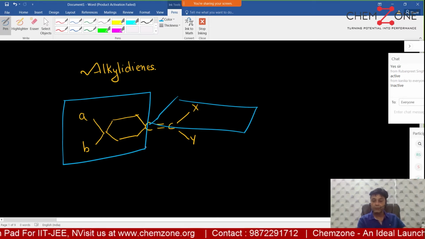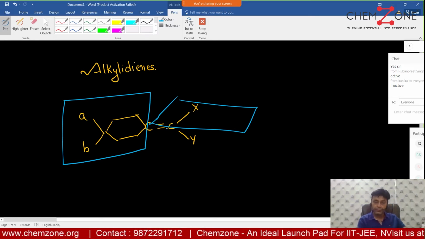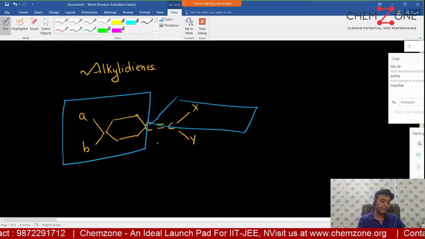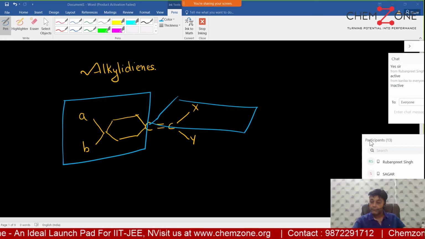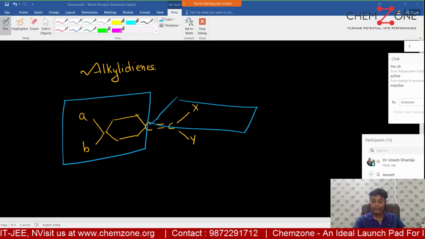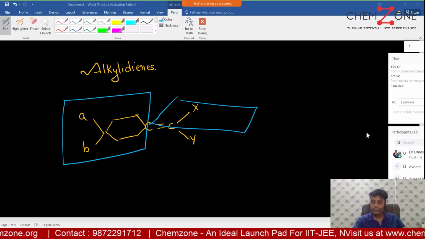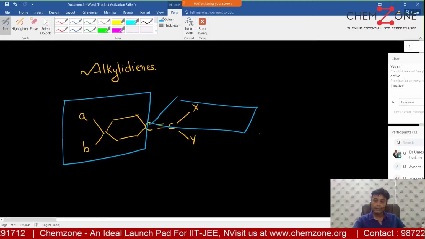Even though it does not have any chiral carbon atom, you can make its mirror image. It will be non-superimposable upon each other. One will be dextrorotatory, other will be levorotatory. Right? Any doubt?